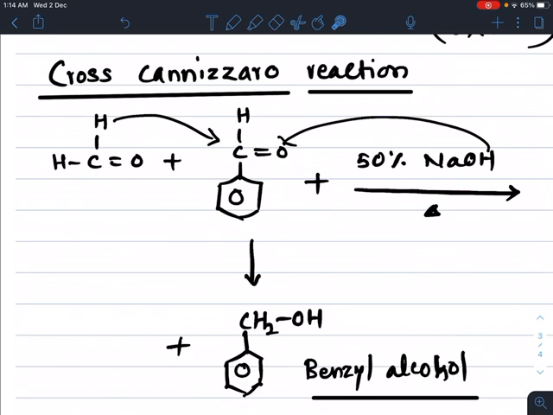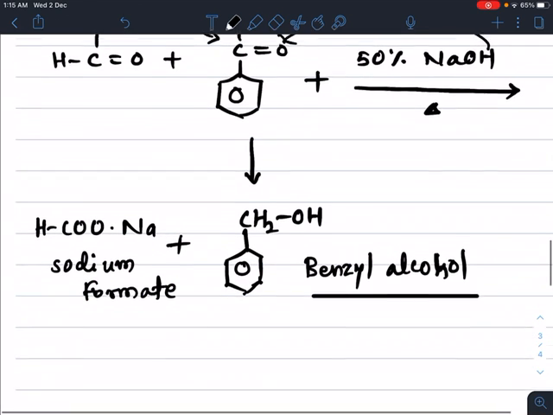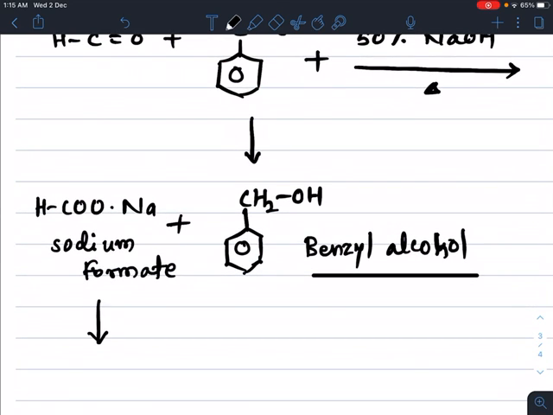The remaining part of the formaldehyde undergoes oxidation, and here we get HCOONa, sodium formate. Sodium formate is formed, which on further acidification is finally converted into formic acid.